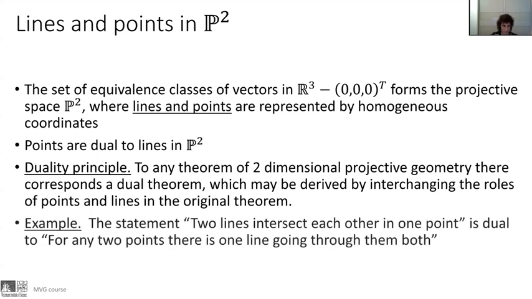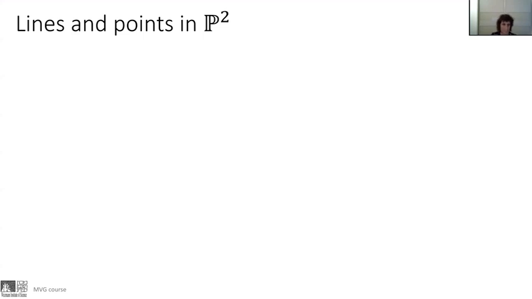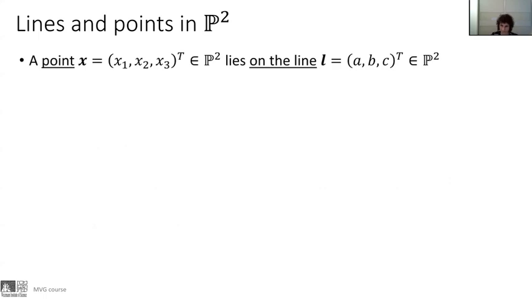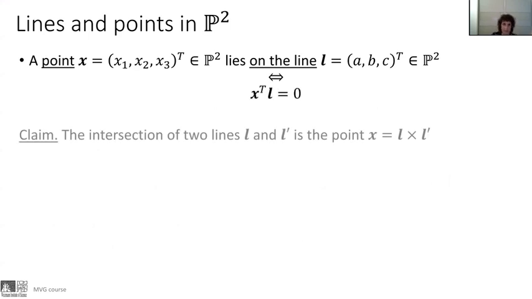For example, two lines intersect each other in one point, and the dual theorem is that for any 2 points there is one line going through them both. So a point in P2 lies on a line in P2 if and only if the dot product is exactly 0.